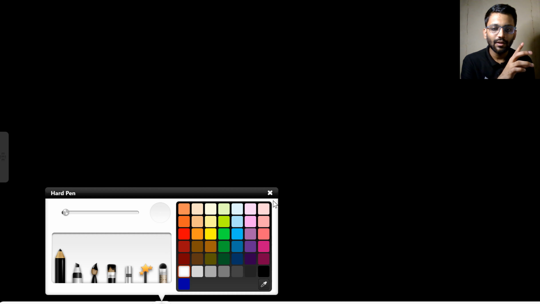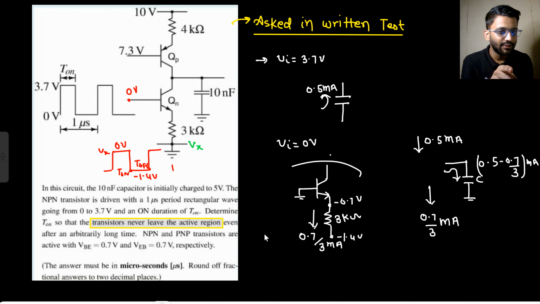For never leaving the active region, here it is not going into cutoff. It is in active region only. So the speed of charging and discharging should be the same.